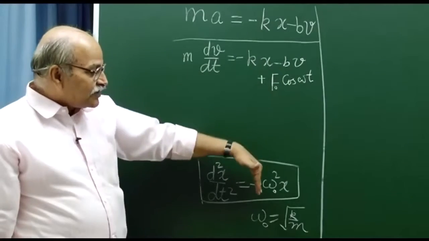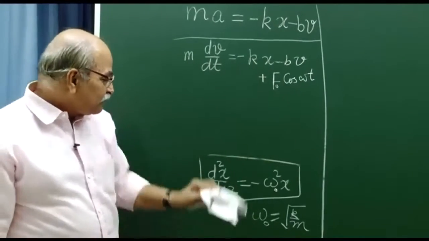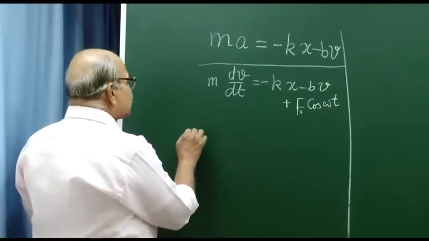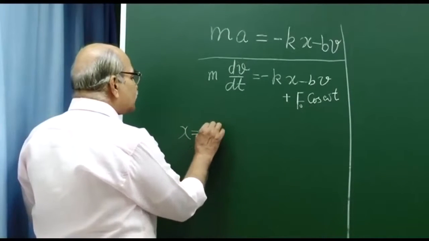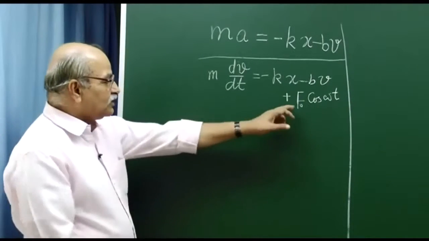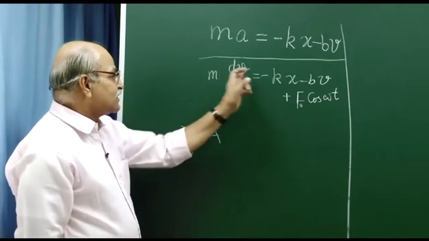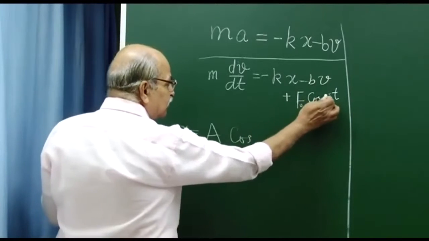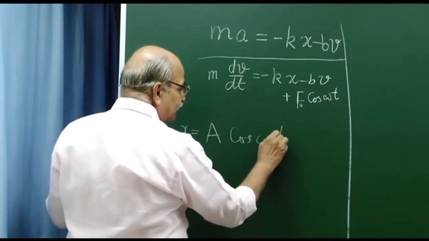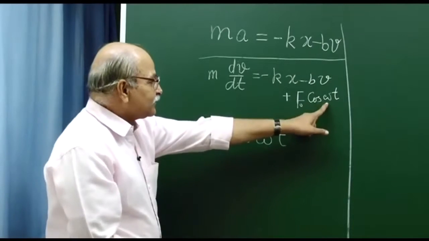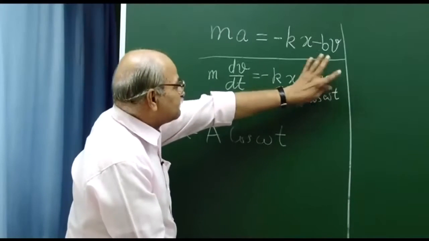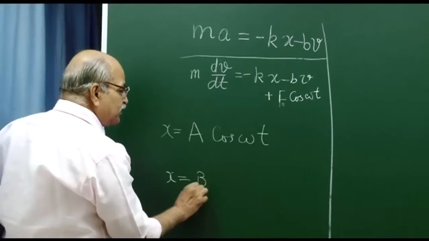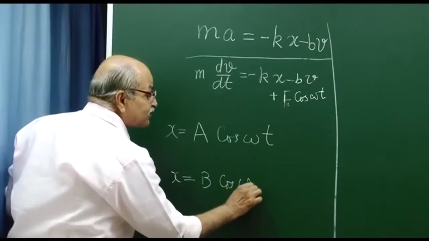Then your equations are modified, but finally your x turns out to be some constant, which will of course depend on how much is this f naught and how much is this m and how much is this b, times cos of this omega t. If this is not there, if damping is also not there, then your x is some other constant, let us say b, times cos of omega naught t.